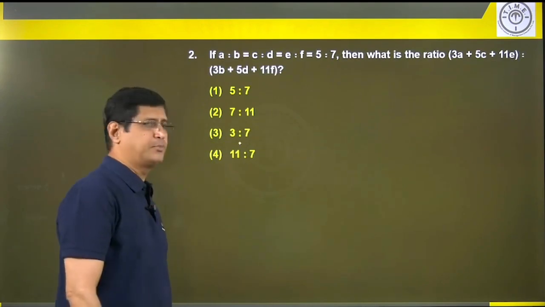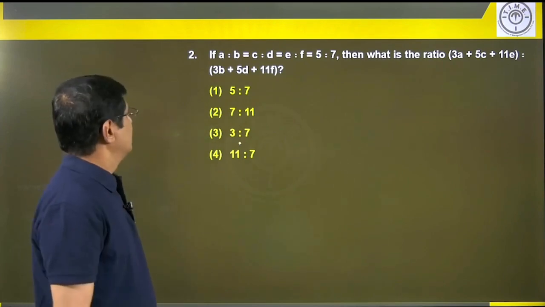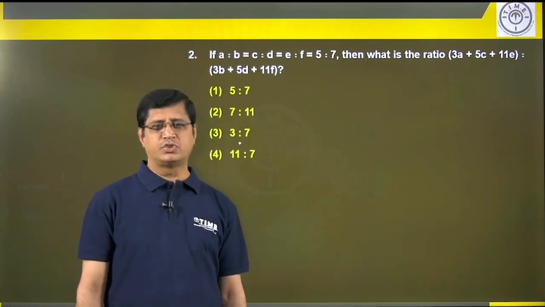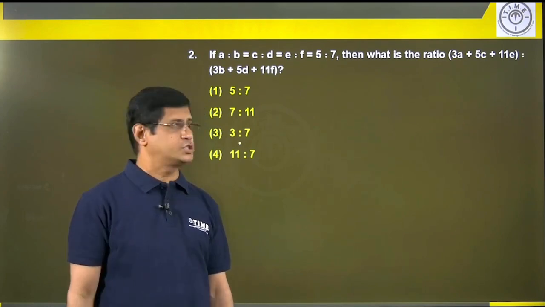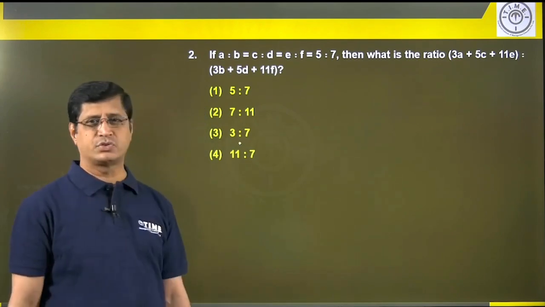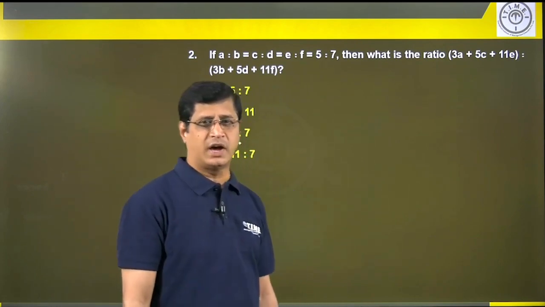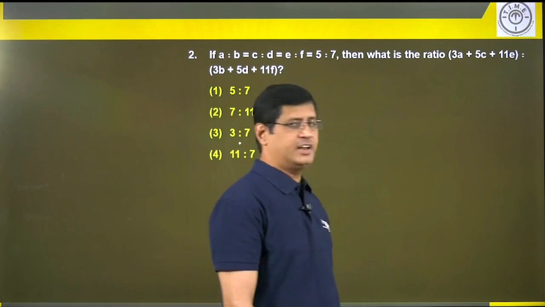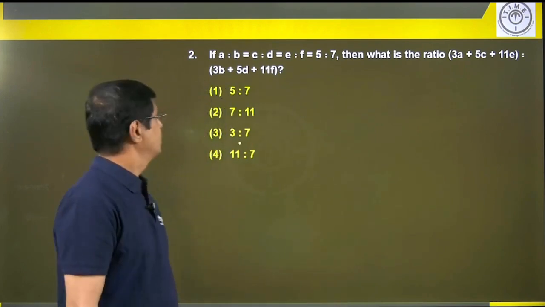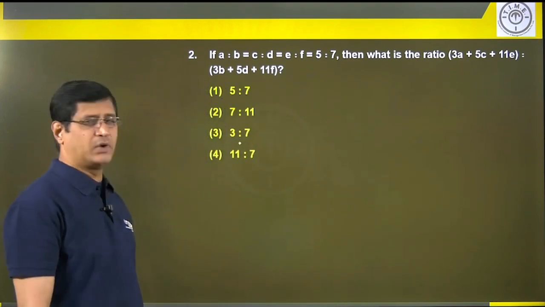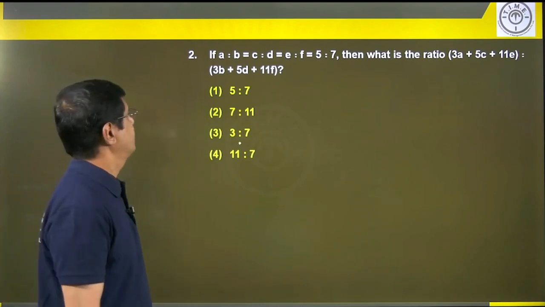Now look at the next example on your screen. If A is to B is equal to C is to D is equal to E is to F is equal to 5:7, then what is the ratio of 3A plus 5C plus 11E is to 3B plus 5D plus 11F?